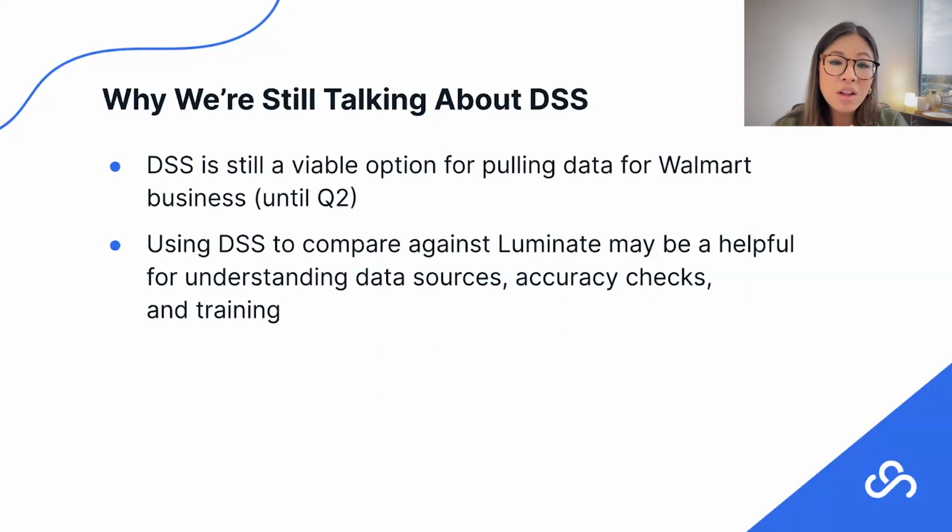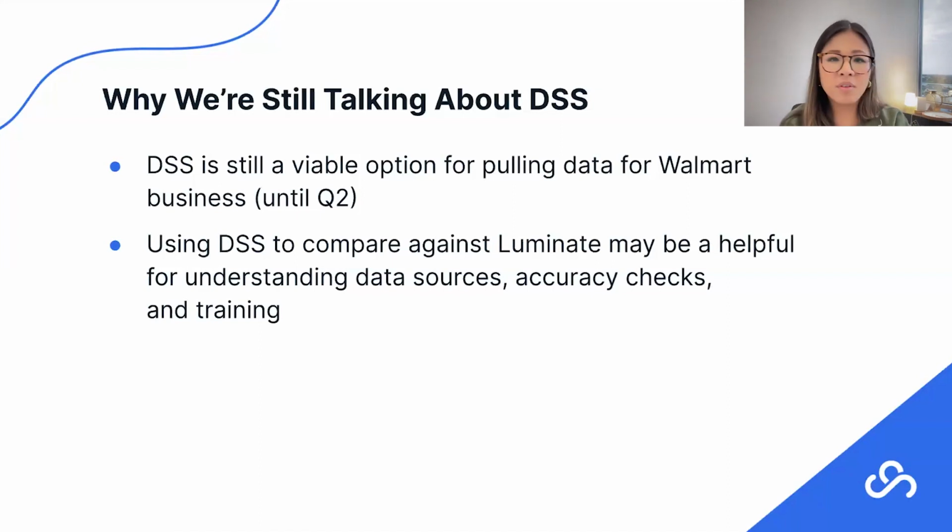One thing I'll call out, as we mentioned here, is that DSS is being used to compare against Luminate data. We are finding, and maybe share if this is true for you as well, that there are some discrepancies between what DSS is pulling and what Luminate is pulling. The general consensus seems to be that DSS is still more accurate than Luminate in general.